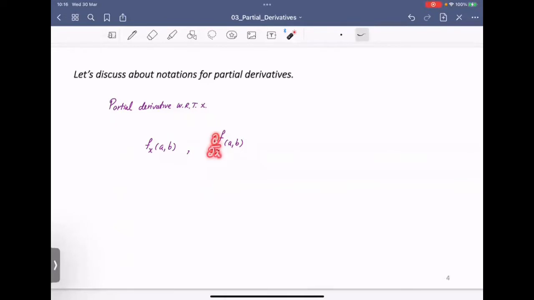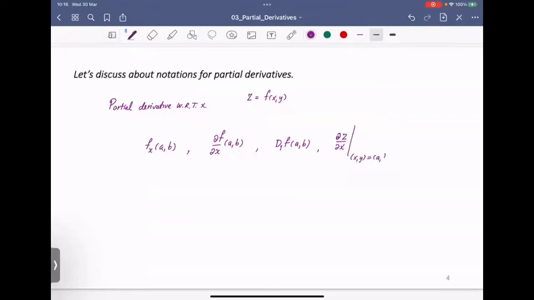Make sense? Well, in older textbooks, you could see something like D1 f (a, b). This is also valid in some textbooks, but you don't see it a lot in the real world now. So this is also the partial derivative of f with respect to x. Or sometimes, if your function is c equal to f(x, y), you're going to see people use curl c by curl x, evaluated at (x, y) equal to (a, b).